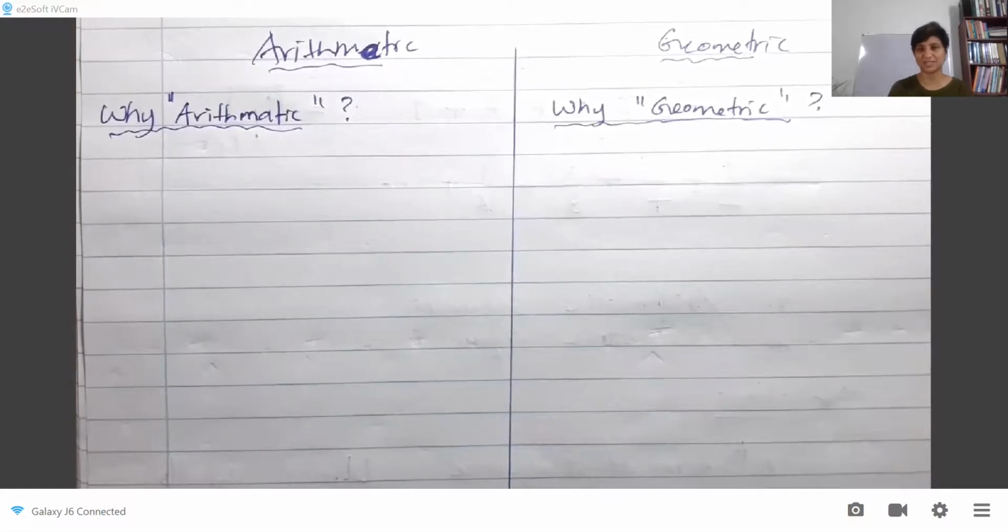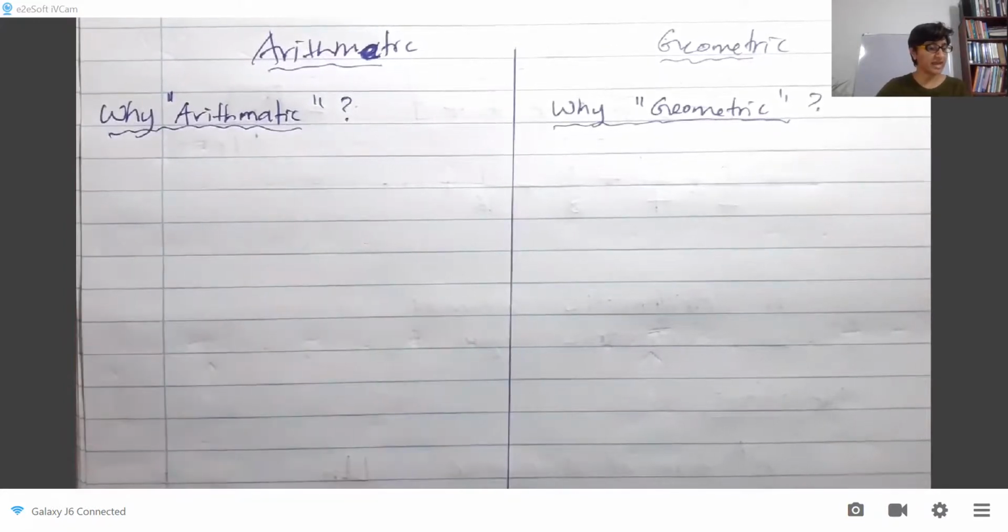It's because these two sequences have something very interesting going on. If you look closely at any three adjacent terms, here's what happens. Let's write under arithmetic: there is an interesting relationship among any three consecutive terms of an arithmetic sequence.